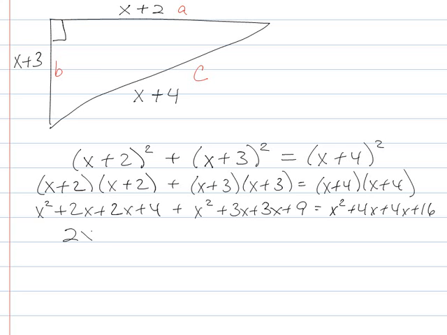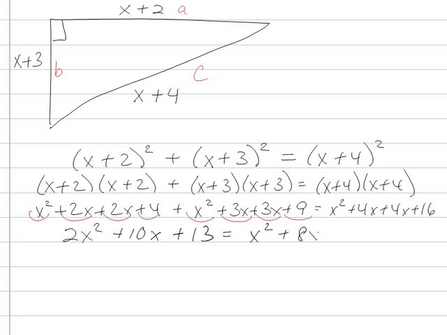So over here on the left, I have 2x squared. I'm just trying to indicate that I've used them. I have 2x squared, and then 10, and then 4 and 9 is 13.